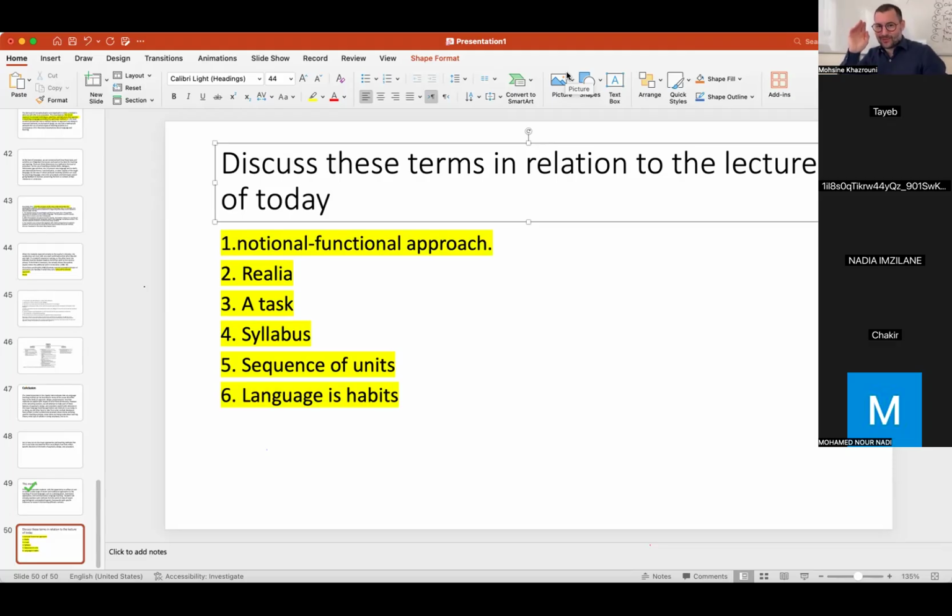I'm really sorry to interrupt you. I prefer that you base your answers on research, because this is terminology. So I would suggest you go to a source, find a definition, and then you will learn from this particular assignment, and then you will comment on that based on the lecture of today and your understanding and observation.